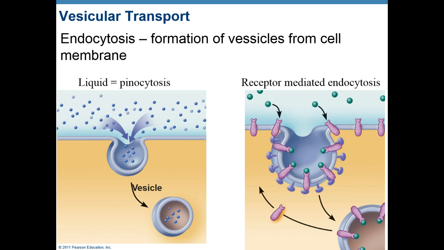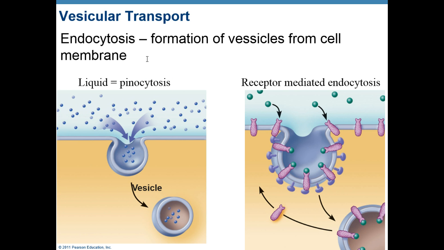So it's kind of like when you scoop up your food with corn tortillas if you're having fajitas, or maybe naan if you're having a good curry dish. So it's pretty much the same way. The cell membrane just invaginates and forms a bubble and then pinches off at the surface, and whatever was in that little bubble that got pinched off is now drawn into the cell in a vesicle.